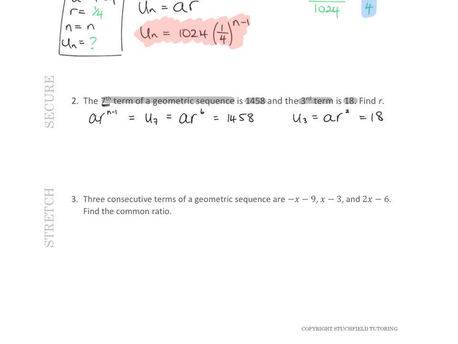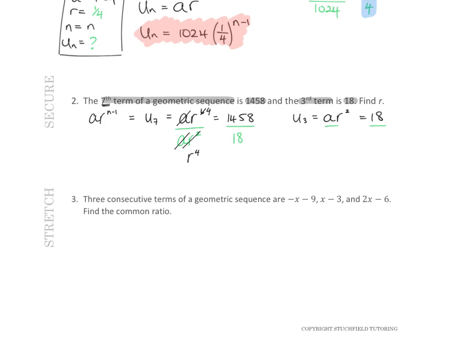So that's similar to the idea with arithmetic. Now what we can actually do here, we can divide these by each other, a bit like solving a simultaneous equation. So I'm going to divide this by ar squared, and I'm going to divide this by 18. So they're my two values from here. Now what's going to happen is the a's will cancel down. r to the 6 divided by r squared is r to the 4.